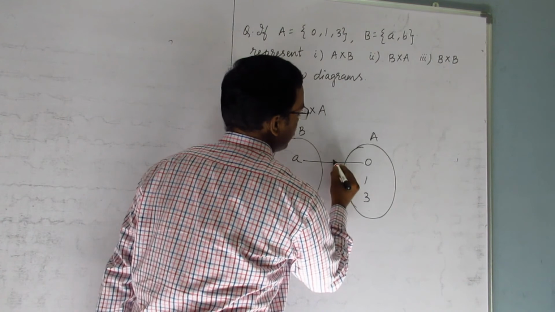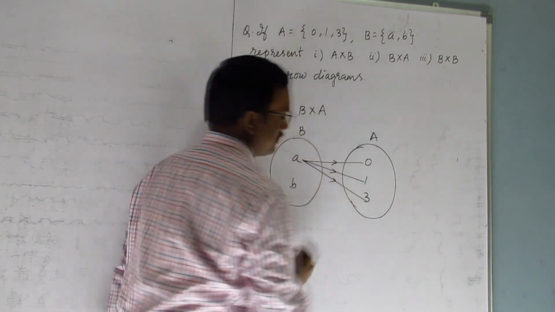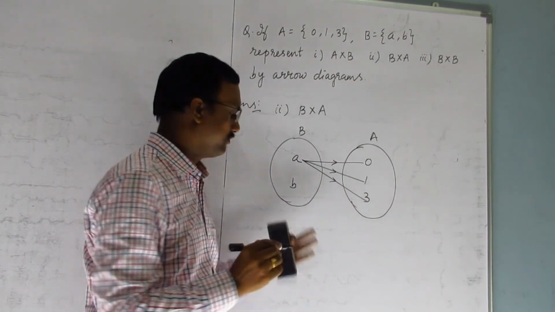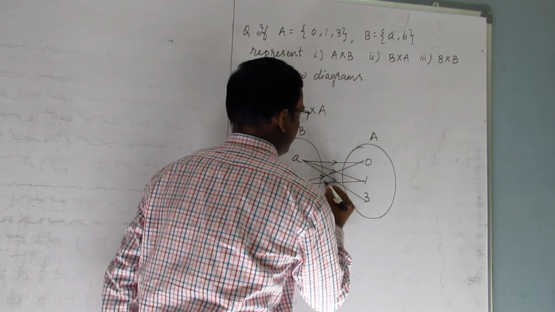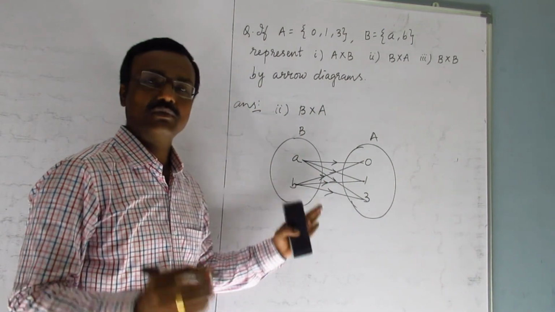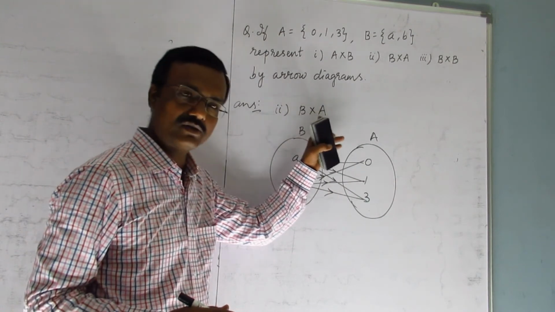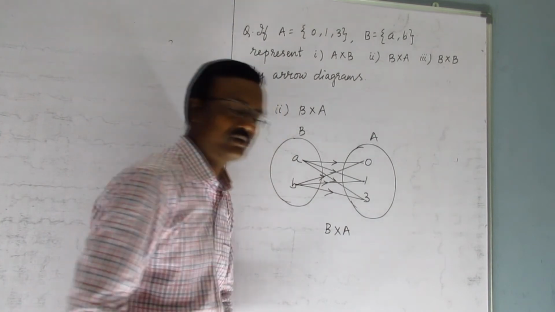So a to 0, a to 1, a to 3. And secondly with b also, b to 0, b to 1 and b to 3. So this arrow diagram represents B cross A. This is Cartesian product B cross A.